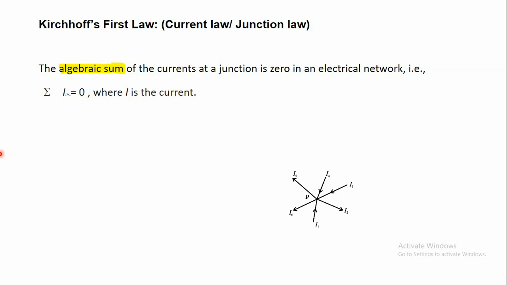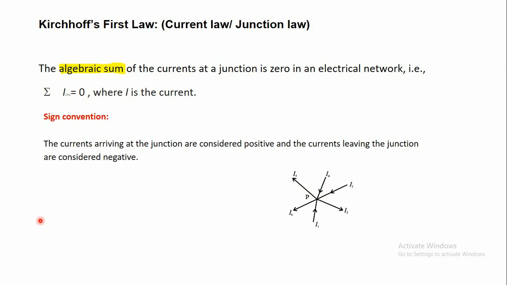Do you remember that? The same way here also, for the direction of current, consider this junction as the pole. Then if the currents are moving away from the junction, it will have a particular sign. If the currents are moving towards the junction, it will have a particular sign.